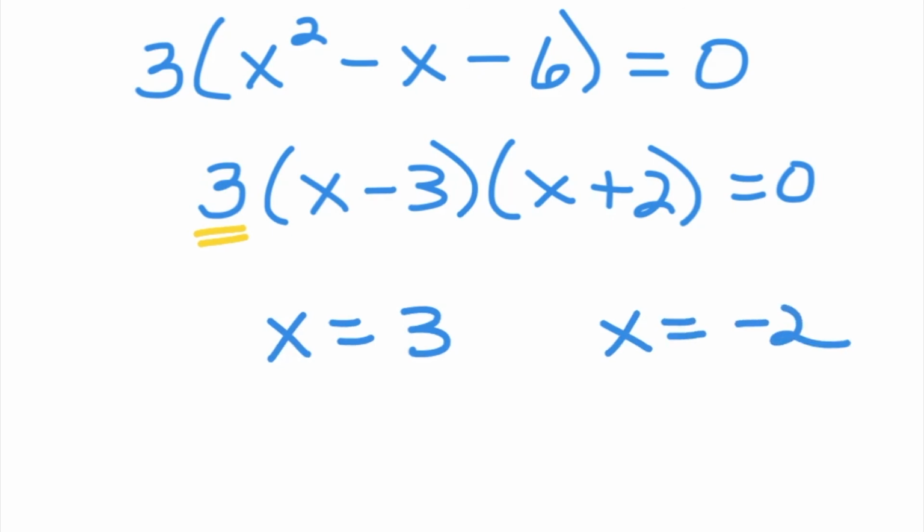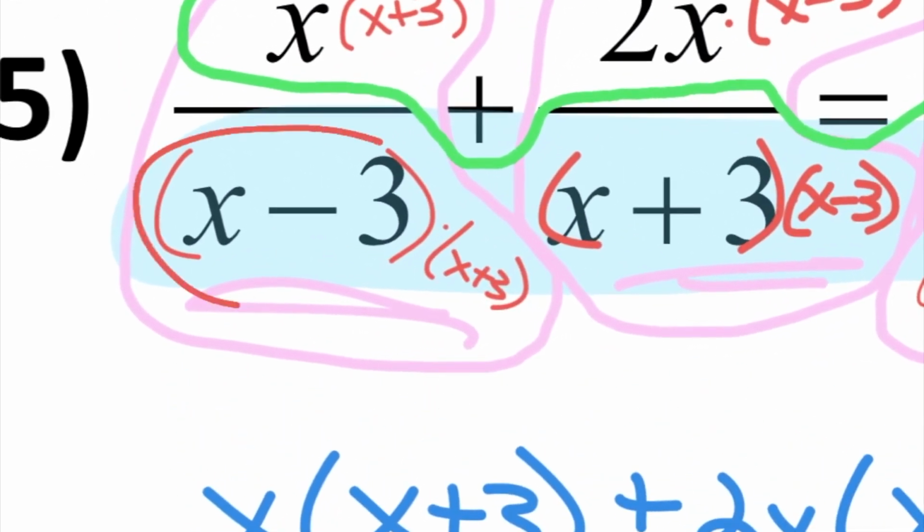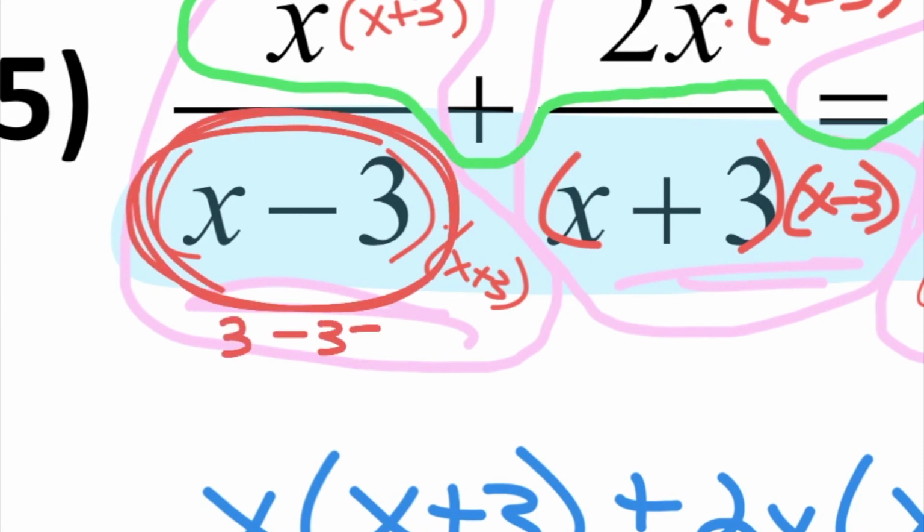But before you just put a box around them and move on to the next problem, what you want to do is check to see if either of these is an extraneous root. So you're going to go back up to the original equation up here, and you're going to say, look, if I substitute 3 into here, 3 minus 3 is 0.